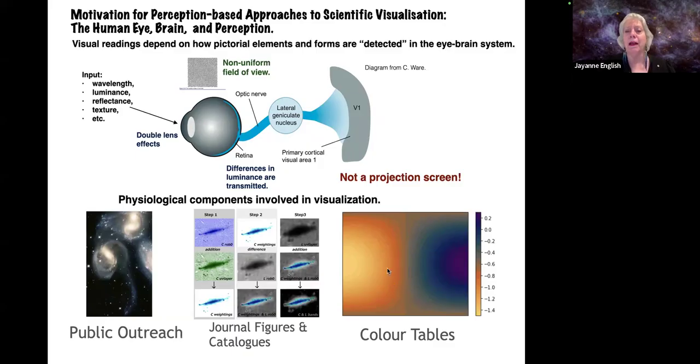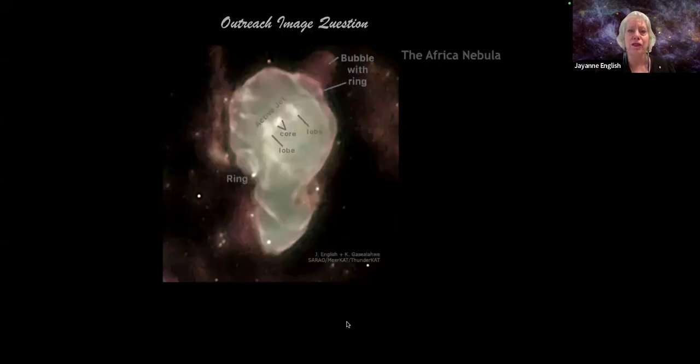Also, I developed color tables that work with the eye-brain system for assigning colors to astronomy parameters, such as physical parameters like velocity. Okay, so let's go back to this question that they asked.